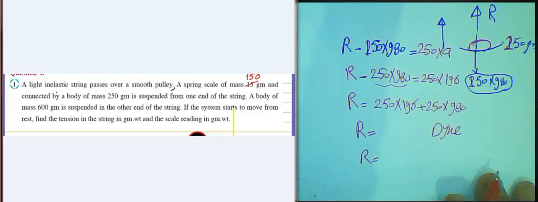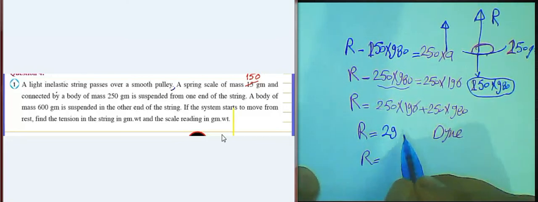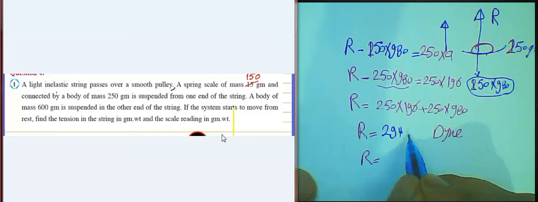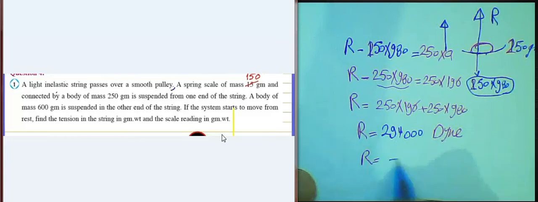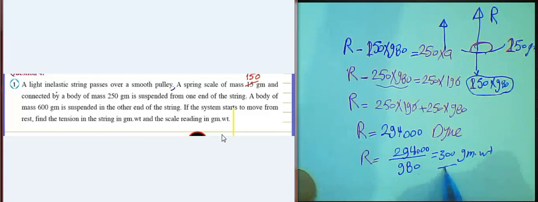I want to find the reading scale in gram weight. So we can find the result by calculator. The result will be 294,000. Okay, and we can divide this number by 980 to convert it to gram weight. The result will be 300 by using a calculator.